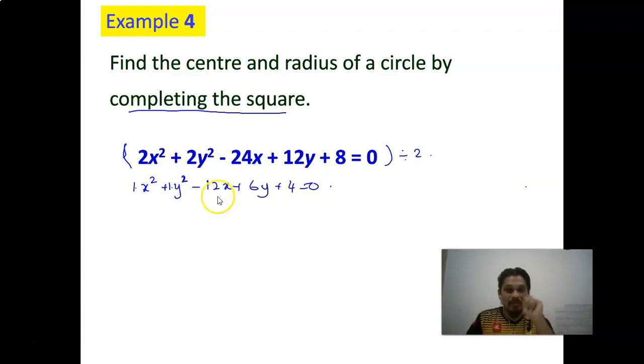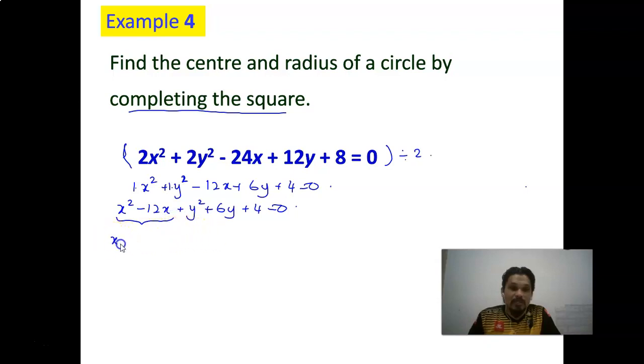That is the first thing that we must make sure of. Then bring the negative 12x next to x squared: x squared minus 12x plus y squared plus 6y plus 4 equal to 0. Then we begin the process of completing the square.